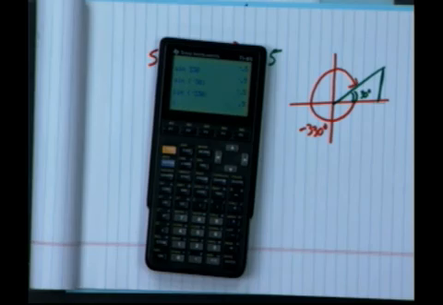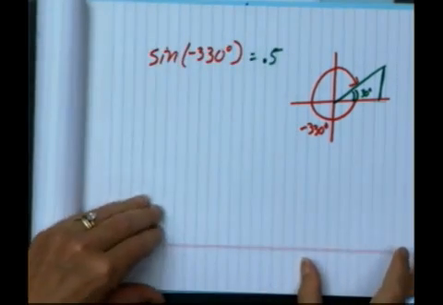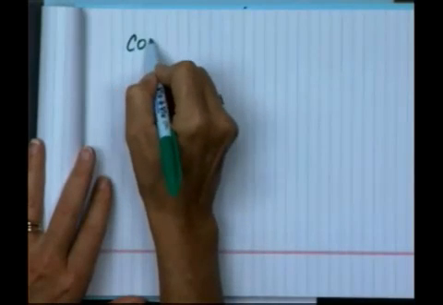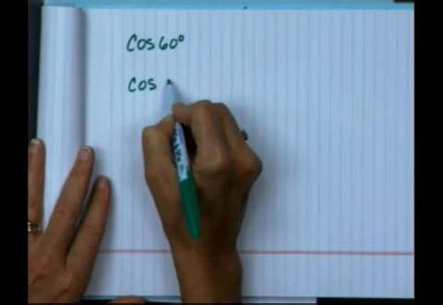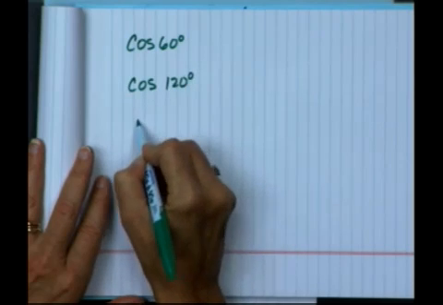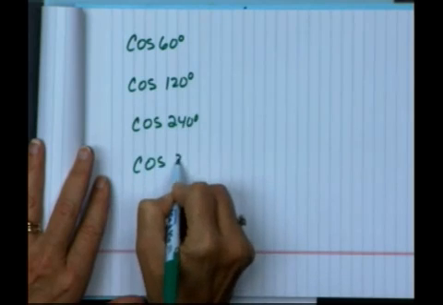Okay. All right. Let's work on some cosines. And let's work on 60 degrees. We want to look at the cosine of 60 degrees, cosine of 120 degrees, cosine 240 degrees, cosine 300 degrees.